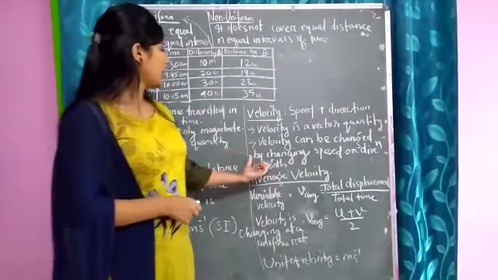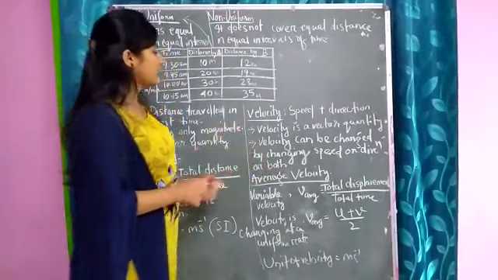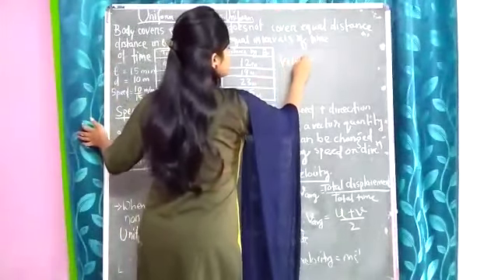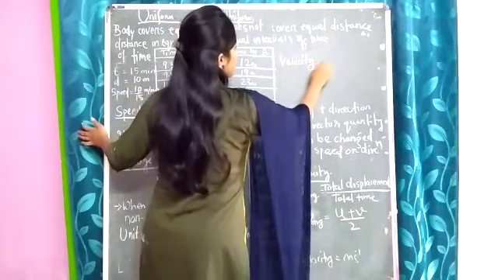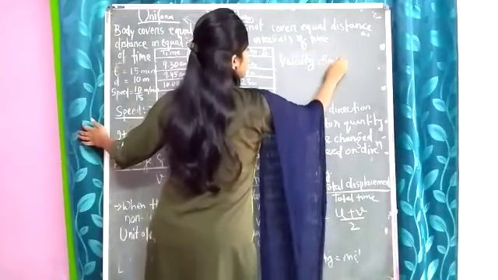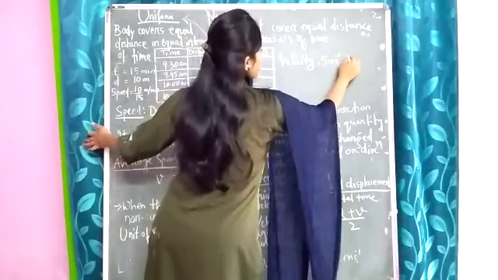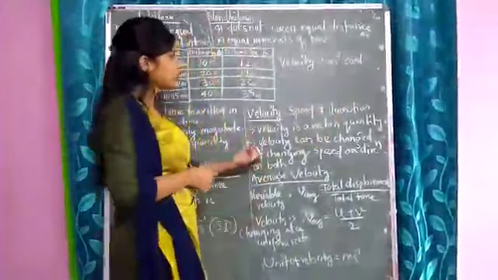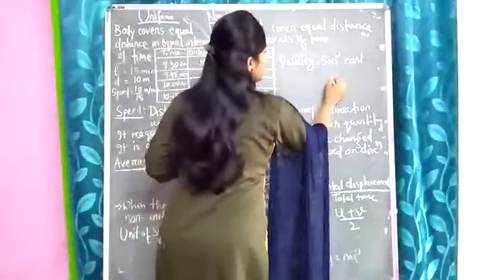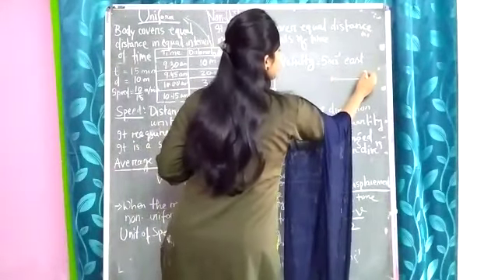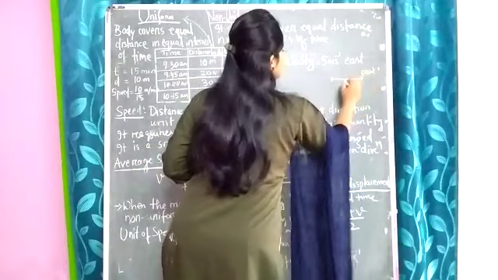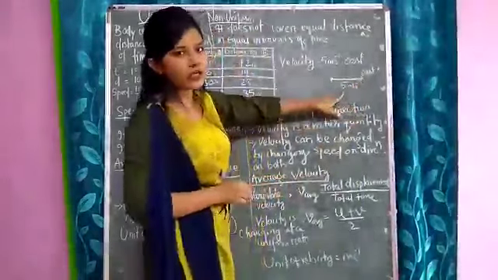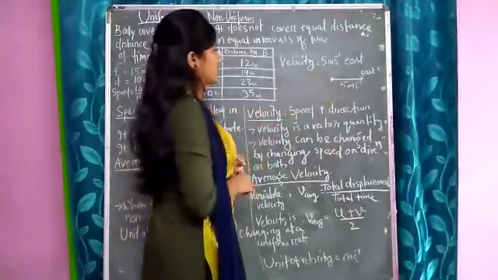Suppose we are defining a velocity like this: velocity is 5 meter per second towards east. So a body is moving with a velocity of 5 meter per second towards east, meaning per second it is covering 5 meter distance.